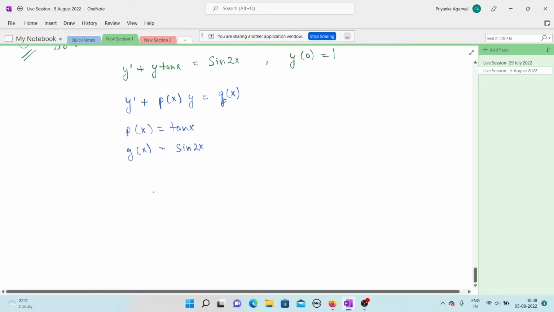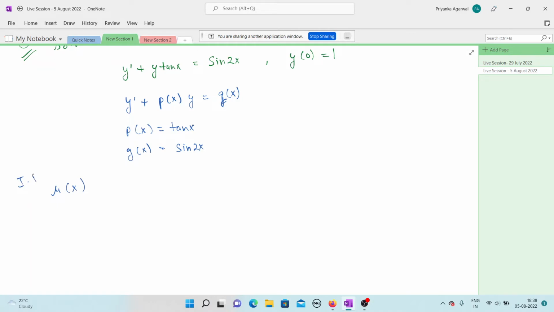So the integrating factor mu(x) will be exponential of the integral of p(x) dx, right? So we will require the integral of tan x, which becomes e to the power ln sec x, and this is what our integrating factor is.